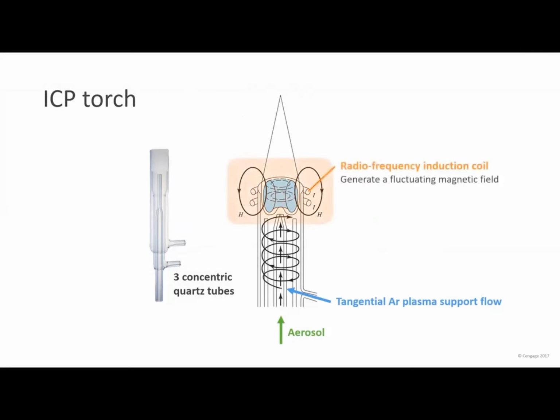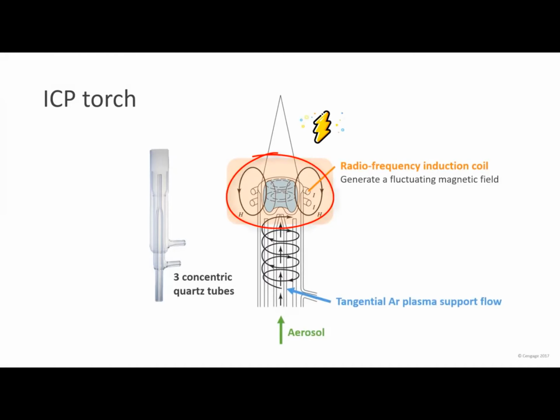The top of the outer tube is surrounded by a water-cooled induction coil, which is powered by a radio frequency generator. This will generate a fluctuating magnetic field. The ionization of the flowing argon is initiated by a spark from a Tesla coil. When the resulting ions and electrons flow through this region, they interact with the fluctuating magnetic field.